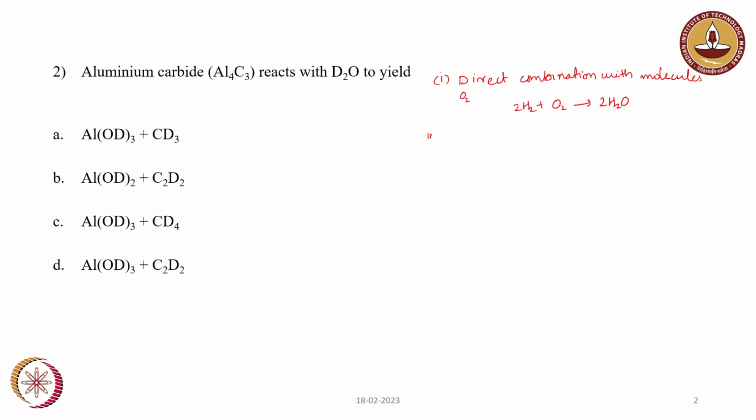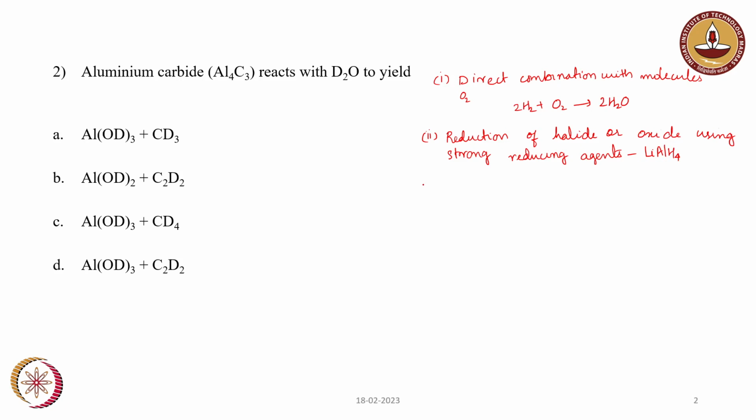Second was reduction of oxide using strong reducing agents, like lithium aluminum hydride.